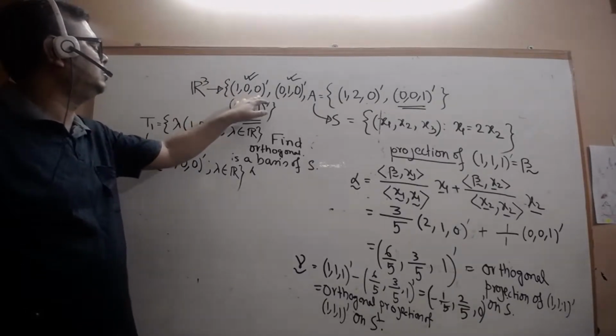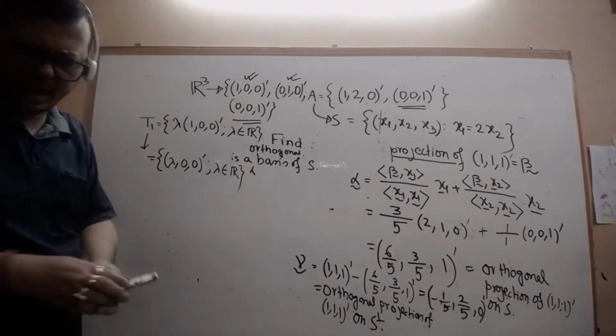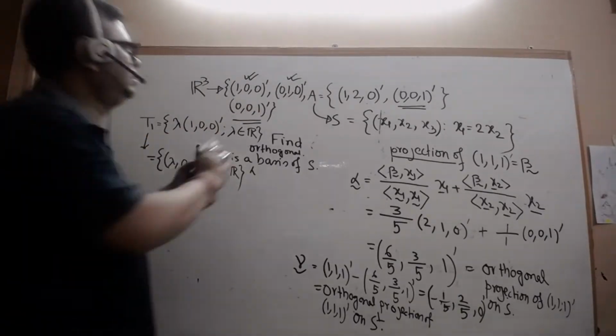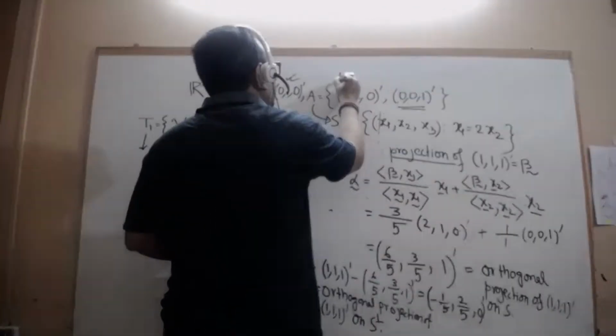First, you take 1 0 0. I illustrate this process in general.